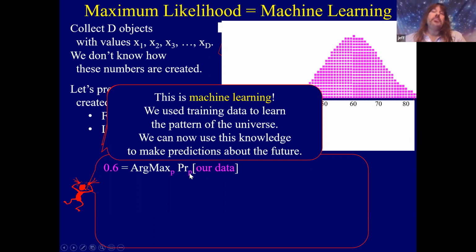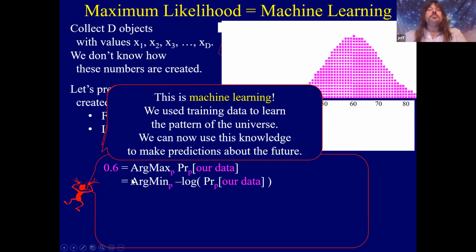To make it a little more concrete, remember, this is a probability distribution with some parameter P, which is the probability of the coin being heads. When you have different P's, you get different probability distributions. For a particular P, we can ask the probability that we get our data, and what we're trying to do is find the P that maximizes this. It turns out these two equations are the same.